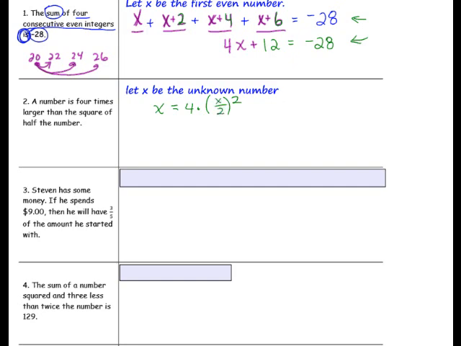So you can take that number and divide it by 2. Both of those would be correct. Remember when it says 4 times larger that you're multiplying by 4.